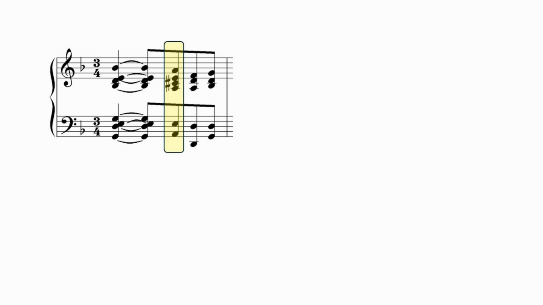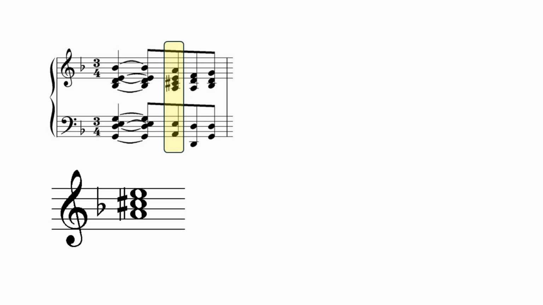You need to look at all the notes on both staves, by the way, but actually there's only 3 different letter names used here, the notes A, E and C sharp. The other notes are just the same letter names in different octaves. The interval qualities are a major third with a minor third on top. So it's a major chord, A major in fact.